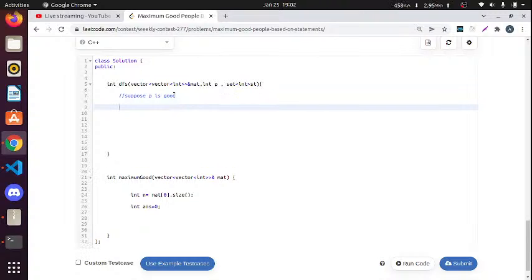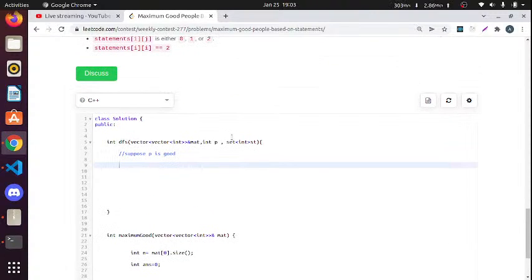So suppose if he or she is good, so we will validate that the allegations which he has told should be right. So let's make one truth, and let's make one set. It is false. Okay.